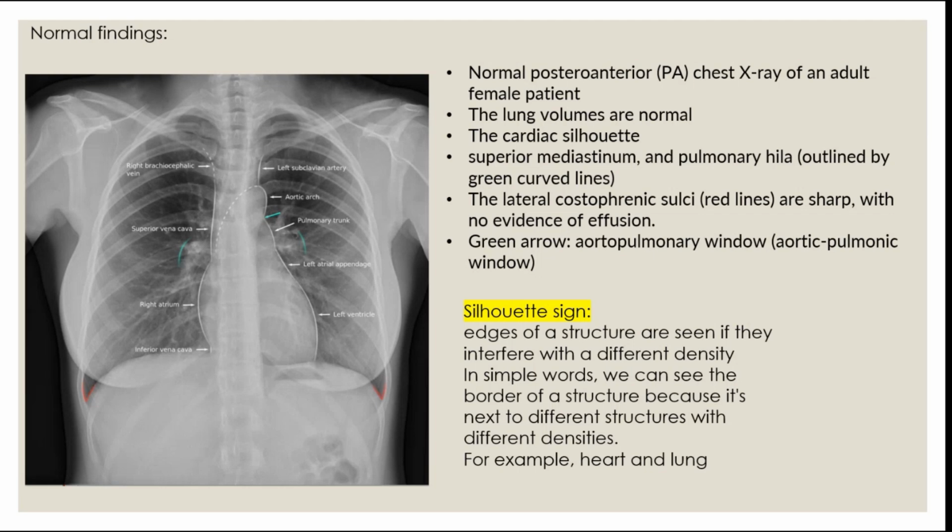As you see, these are the lungs, where they appear black because lungs are filled with air, so they have a lower absorption, so they will appear as black. But the heart, as we see here, appears more white. So we can see the edges of the heart compared to the lung because both of them have different densities.